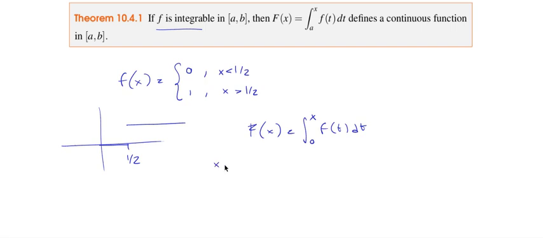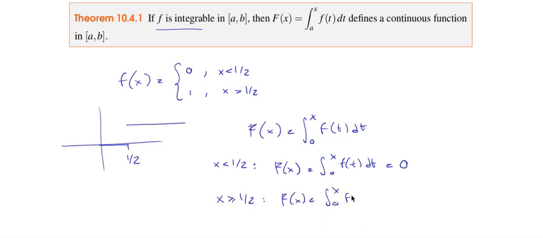So if x is smaller than 1/2, we have that F(x) is the integral of f(t) dt, right? But f(t) in this interval is 0, so this is going to be 0, right? Now if x is greater or equal than 1/2, F is going to be the integral between 0 and x.